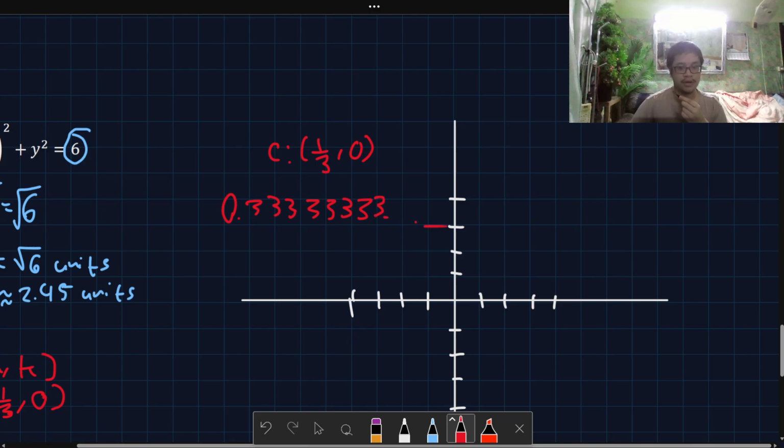There are a lot. So how would you graph this number? Just estimate. It does not need to be perfect.